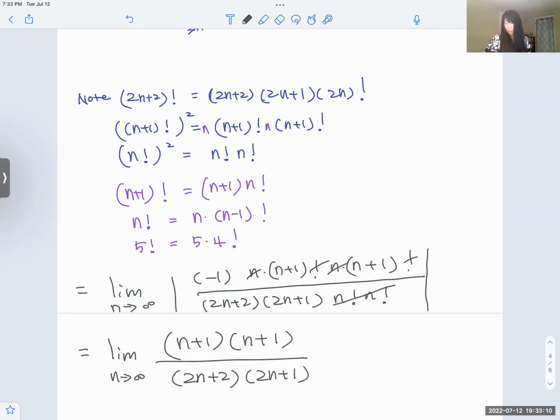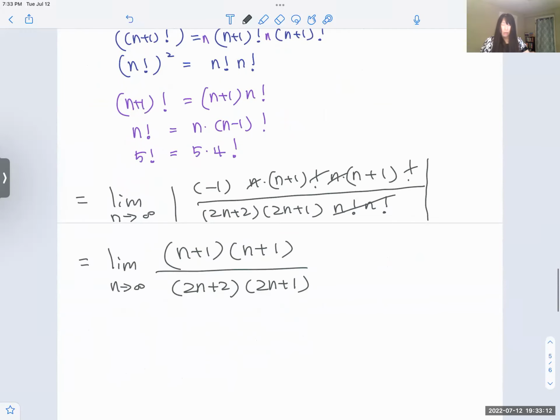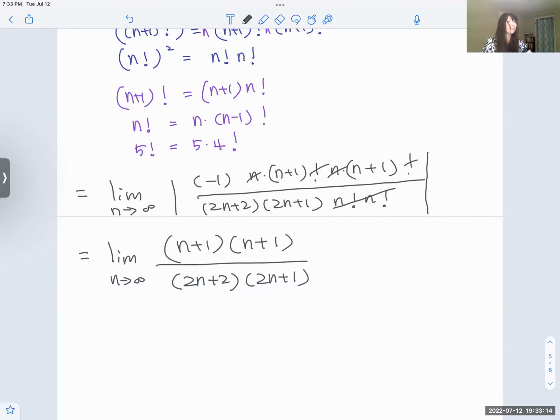Okay. n plus 1 and the 2n plus 2 can simplify. How? All factorial with 2? Yeah, okay, good idea.